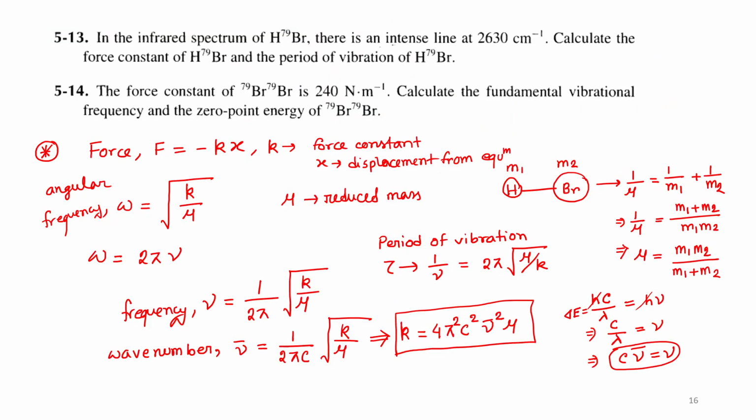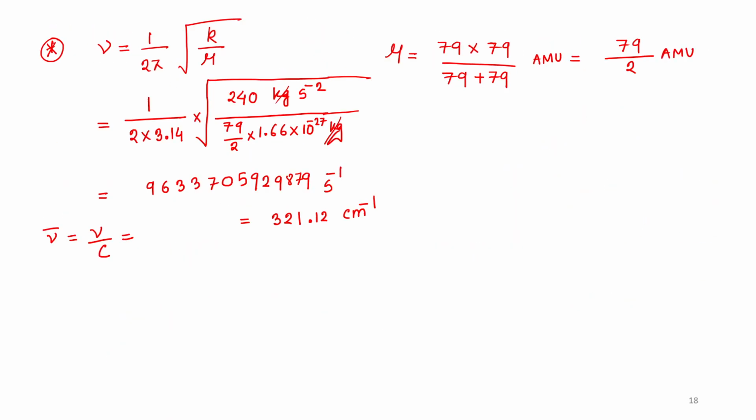What is the next part? The zero point energy. Obviously, we know the formula of zero point energy, that is E0 equals 0 plus half h cut omega, right? So this is half h cut omega. How can we write it?